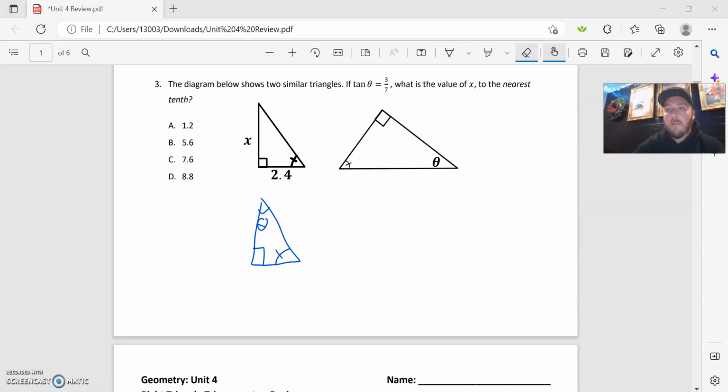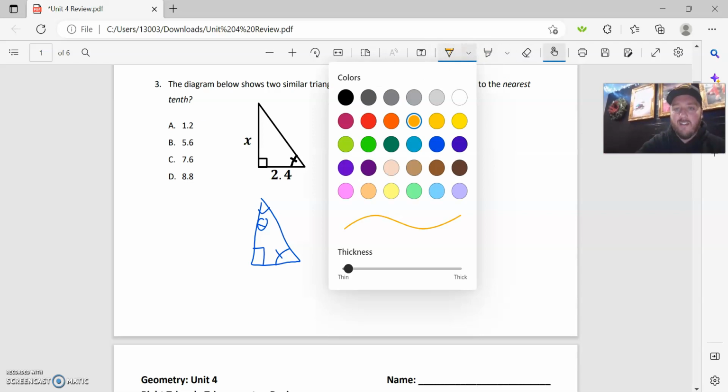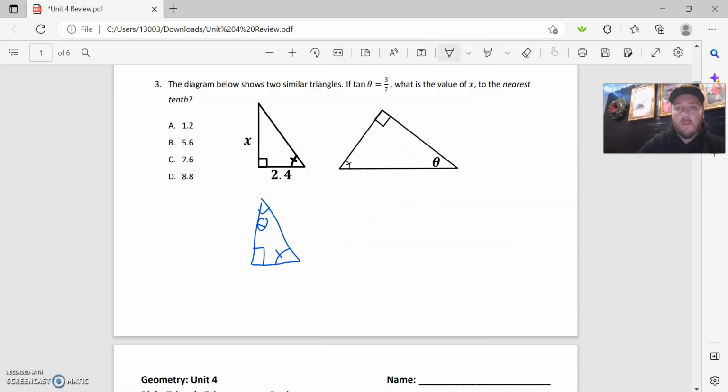Okay, and that disappeared. Hold on. It's fun trying to edit on the fly here. So we're rotating it around so that this also, by the way, that's theta up there. I do not have a pen.